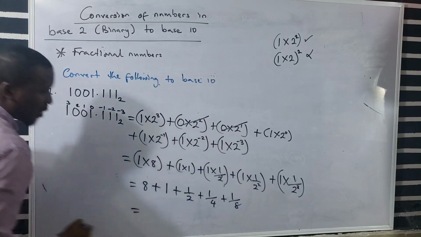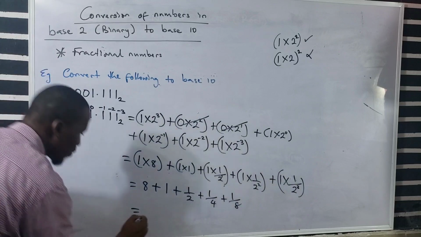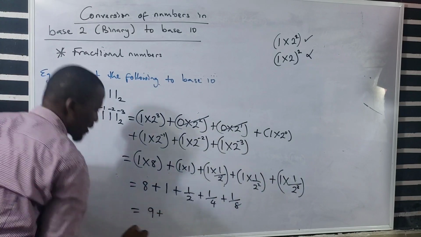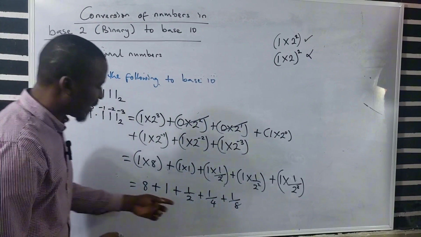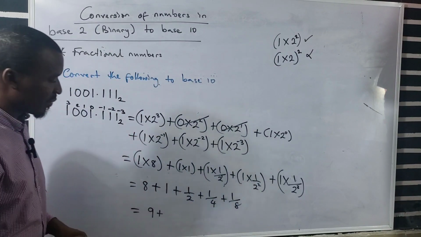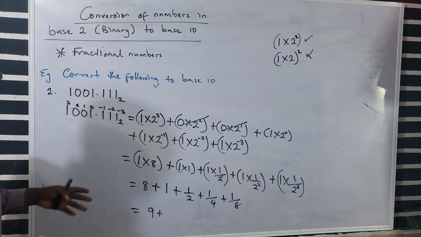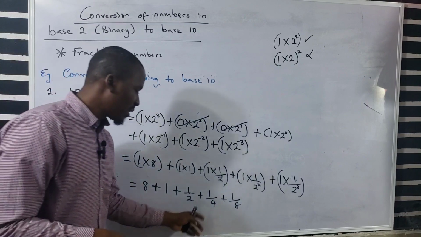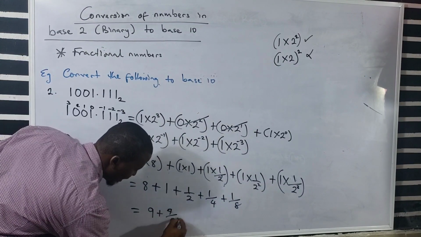So when you add all this together, you are going to have 9 plus. You can use your calculator to solve, or you can find the LCM and solve. We have done a class on this when we did addition and subtraction of fractions. So when you do this, you are going to have 7 over 8.